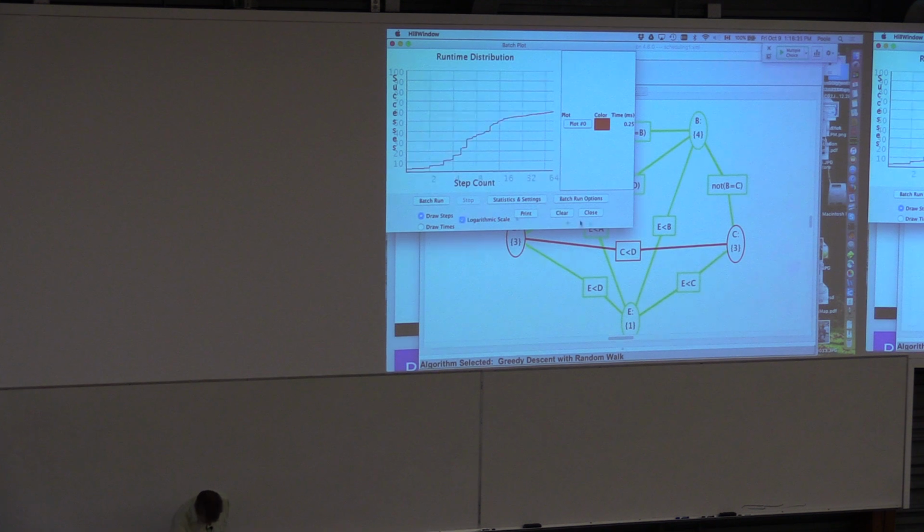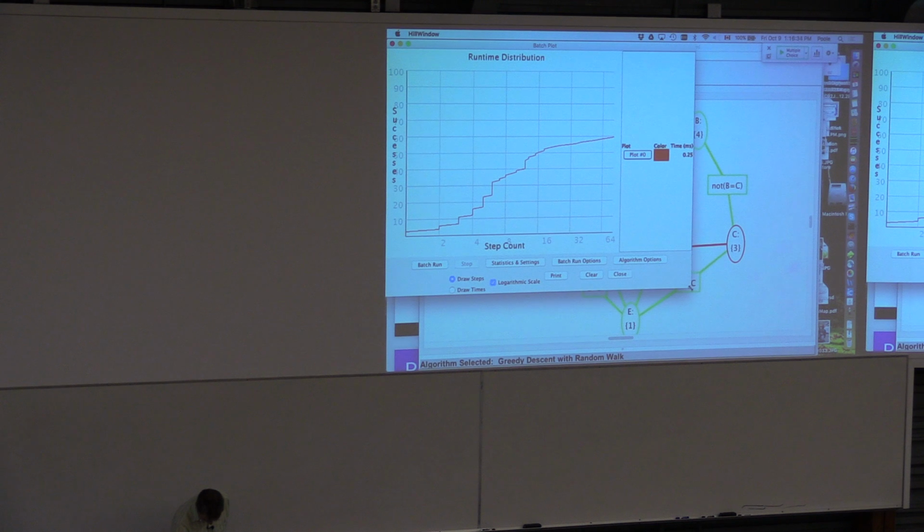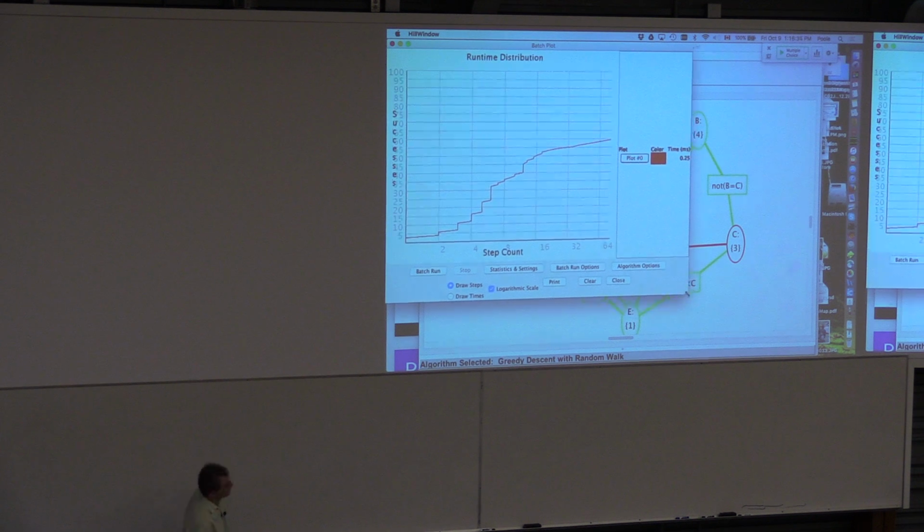I'm going to put it on log scale here. What we did is we ran the algorithm 100 times. We sorted the runs by run time, and that's on the y-axis. So within 2 steps, we'd solved 3 of the problems, and within 4 steps, it looks like we'd solved about 17 of the problems, and within 8 steps, we'd solved 35 of the 100 problems.